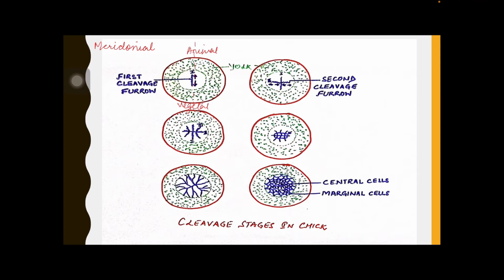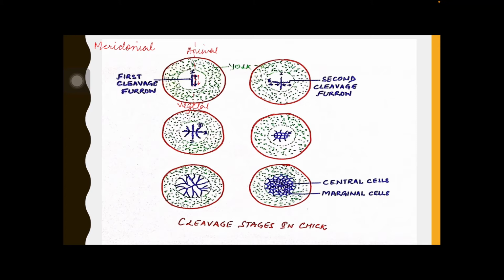As you can see in this diagram, there are two arrows. The cleavage starts here in the center and extends in both directions, but it does not extend completely across the blastodisc because it is a partial cleavage.